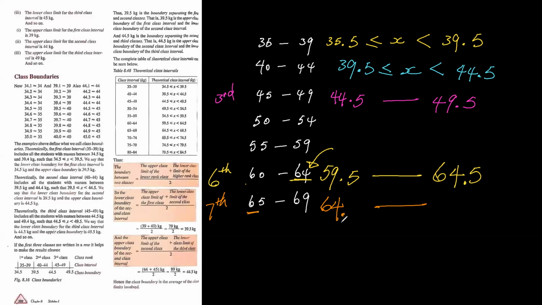Kishon, are you there? Deandra, what would be the lower boundary? So 60.5, 64.5, and the upper boundary? 69.5. All right, cool.